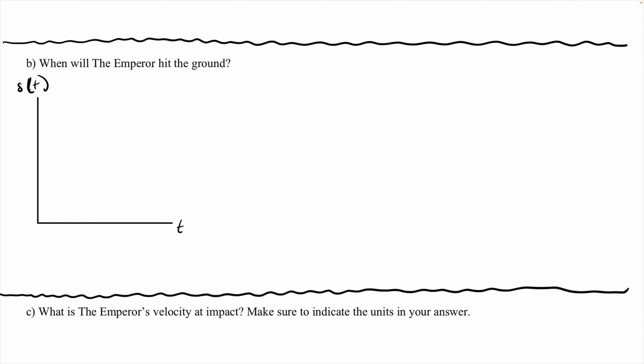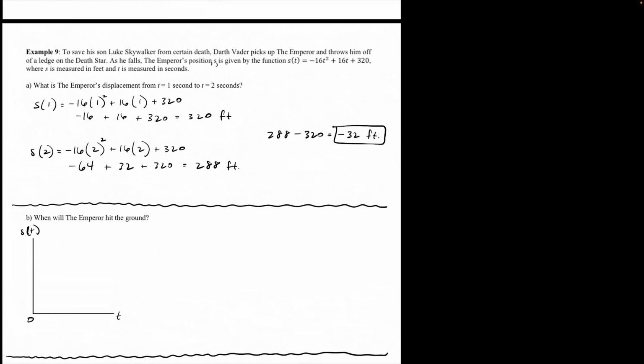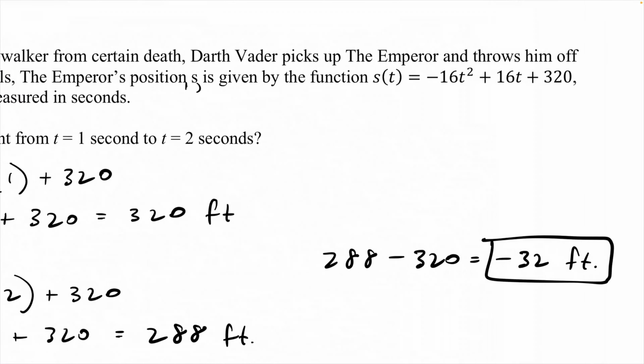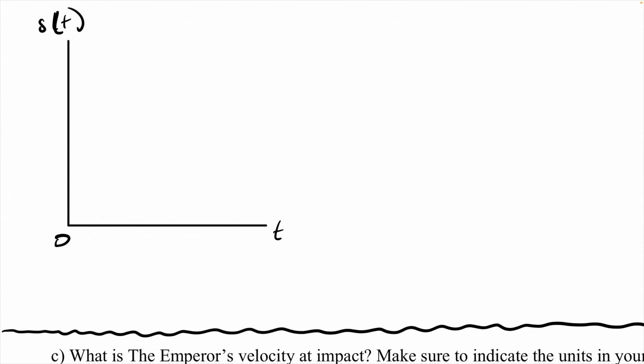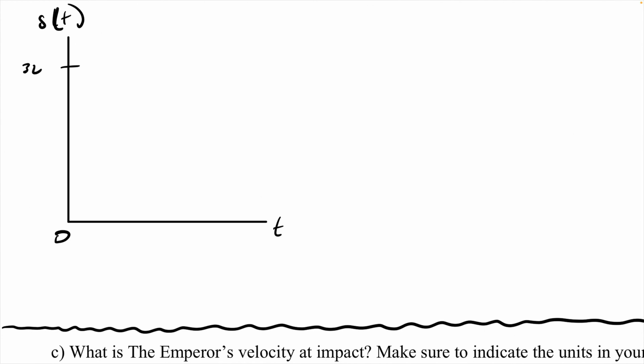Where would the emperor start, roughly? High, yeah, on the top of the graph, because at time 0 it's actually 320. If I plug in 0, it'd be 320. So the emperor is 320 feet high.